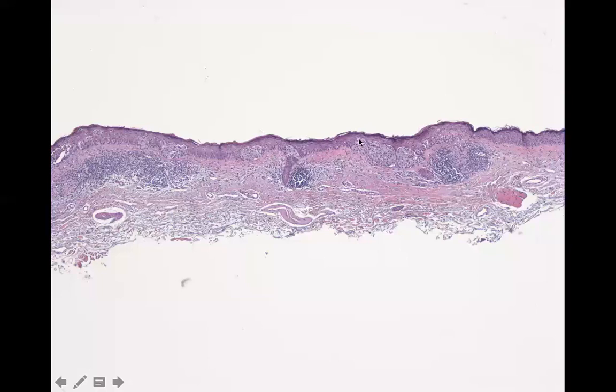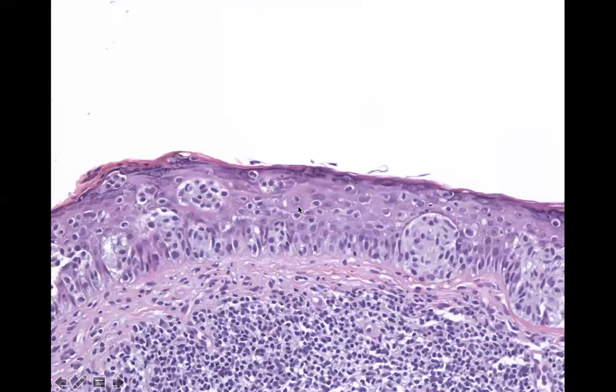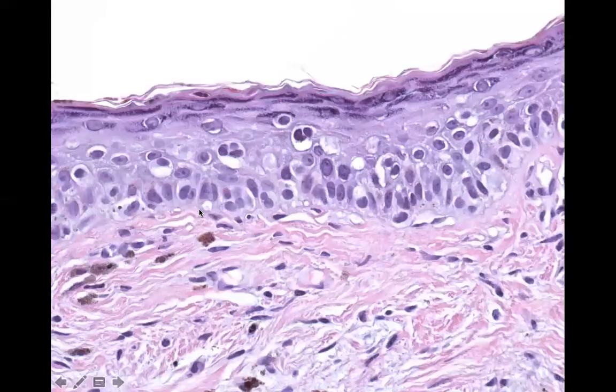This is a melanoma that did not arise in a nevus. You can see nothing here reminds you of the architecture of a nevus. You just have random nests, single cells, nests of melanocytes all throughout the epidermis. Melanoma. These ones, single cells, cells above.